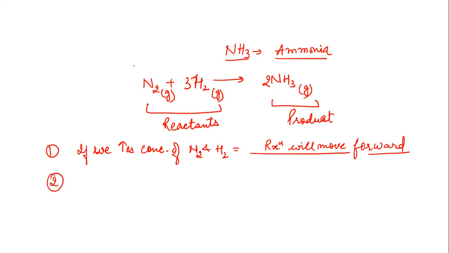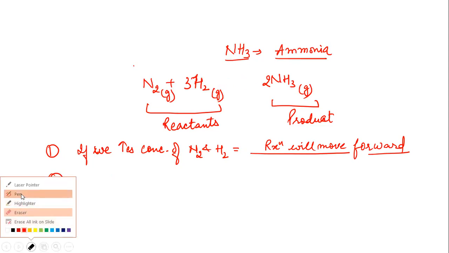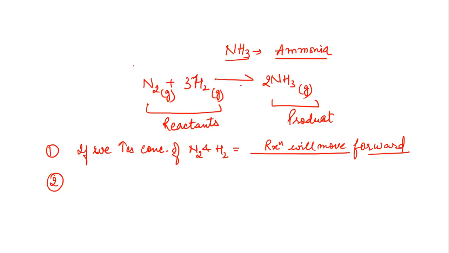Now we also know that this is a reversible reaction. What happens in a reversible reaction? This reaction can happen and it can also dissociate and give you N2 and thrice H2. Clear? Now suppose I am doing it in a closed vessel.